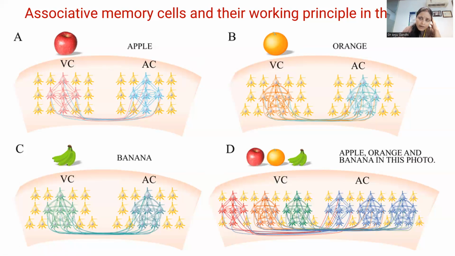Now, let's see, it is a complete picture of an apple we have in our mind, right? If the apple is not a complete apple in front of us and we have a half apple cut on the plate, even then we can identify that this is an apple. Or it might be possible that our dad peeled the apple, and even then we can identify that this is an apple because we have that kind of experience.